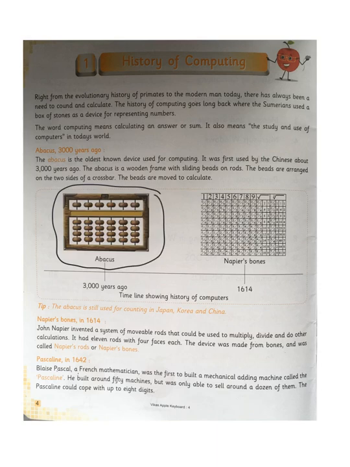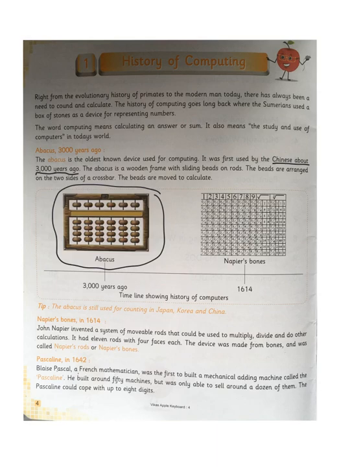And I think many of you must have seen an abacus or even used one for calculating, doing addition, subtraction, multiplication. It was first used by the Chinese about 3000 years ago. So the Chinese, those who live in China, have been using this since 3000 years ago.